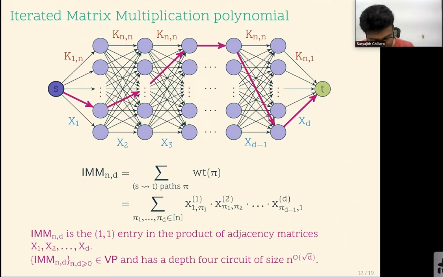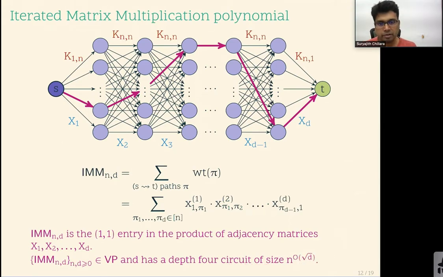And it is well known that this family of polynomials can be computed efficiently. That is, they have polynomial sized arithmetic circuits. Further, they have depth 4 circuits of size n to the root d. And if you consider your field size to be large, you have sigma power sigma pi expressions of size n to the root d.